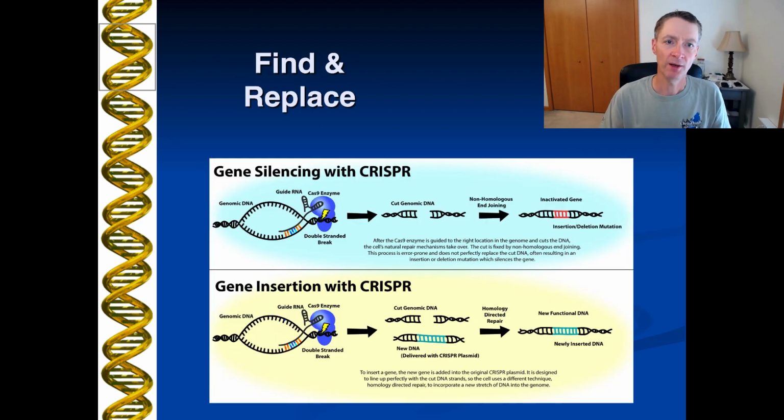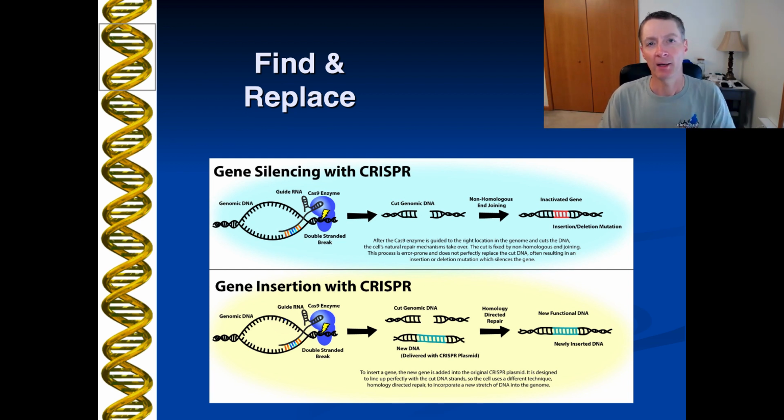So what we've done is we've used CRISPR as a kind of find and replace mechanism in molecular biology today. We can use CRISPR to simply cut and inactivate genes, but we can also use CRISPR to cut in specific places and insert new functional genes that we want to be there.